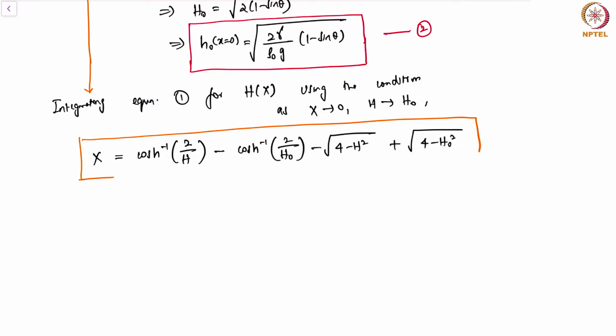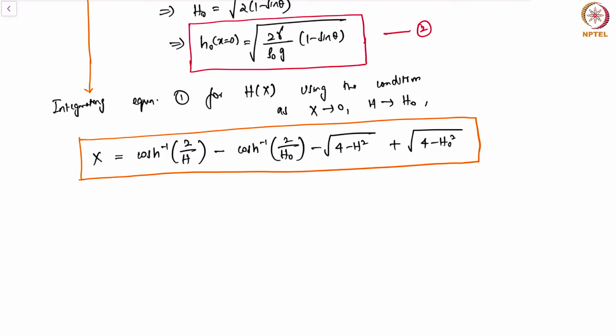Note that here we have x in terms of h, not h in terms of x. It's not possible to get an explicit expression for h of x because this equation is nonlinear.